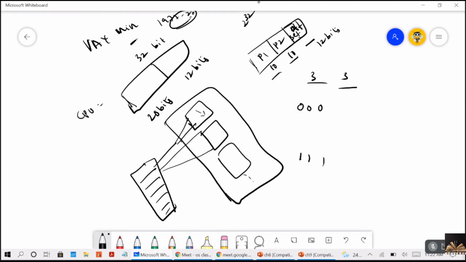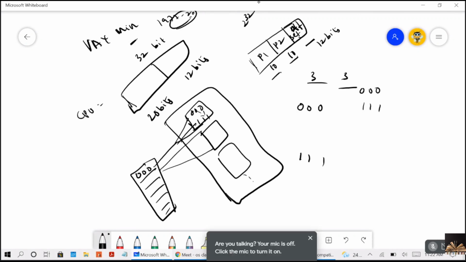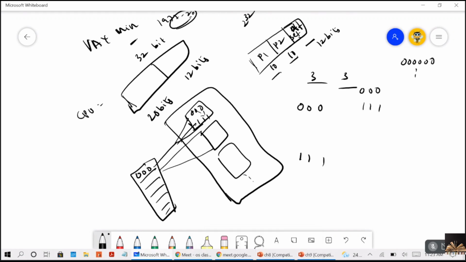Here is how they will be mapped: the first entry will have 000, and this entry is mapped with a set of entries from 000 to 111. That means it will have entries for the page numbers starting from 000000 to 000111. This first entry will have these.